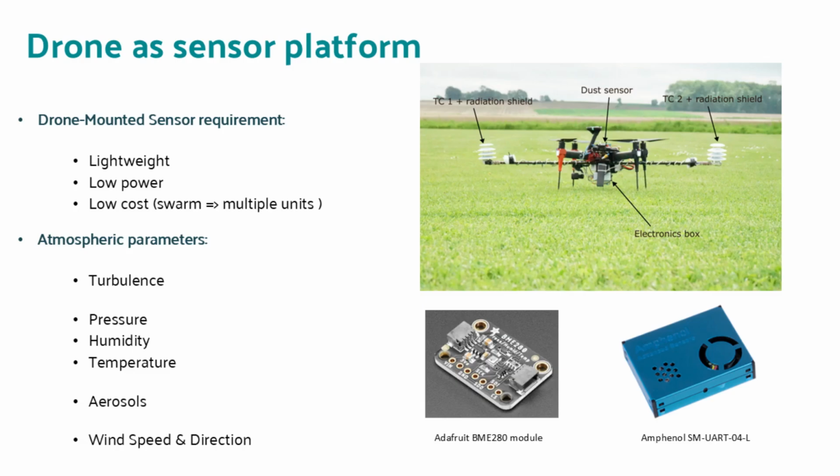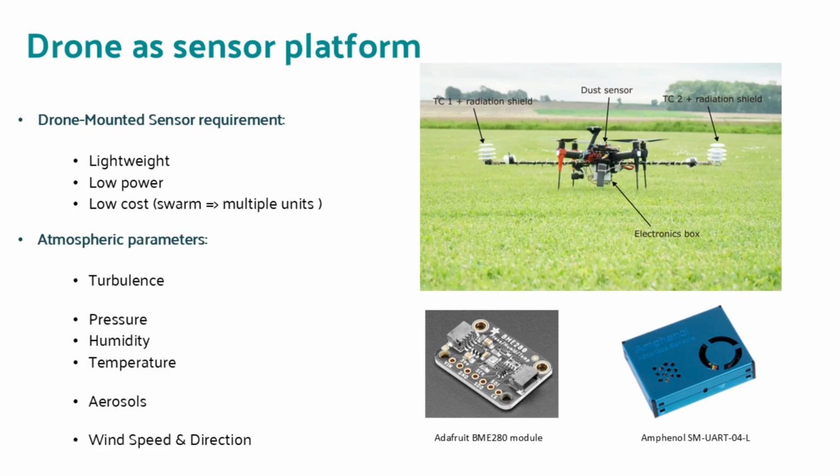The sensors mounted on the drone need to meet several important requirements. They must be lightweight, since they are carried by a flying platform, low power because everything runs on a battery, and low cost since swarm setup requires multiple identical units. As for the atmospheric parameters we measure, turbulence is captured using two thermocouples configured as a differential temperature probe.